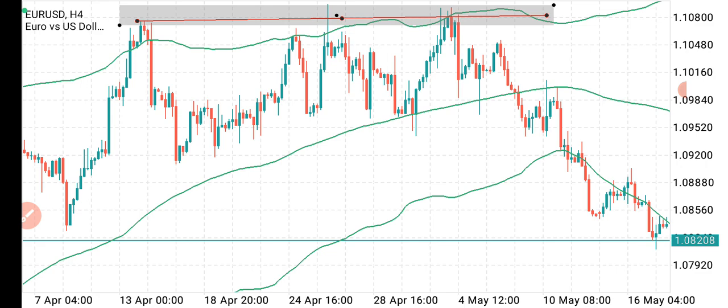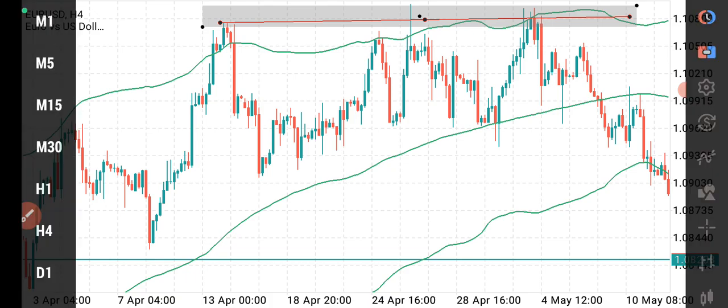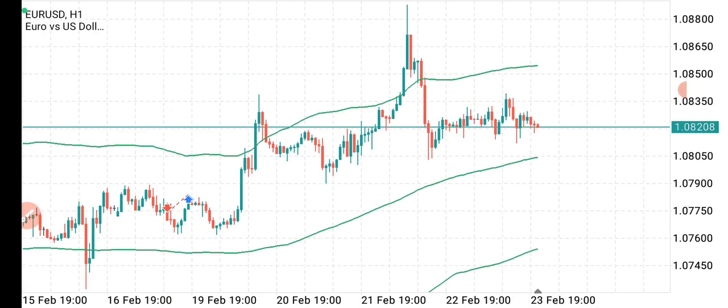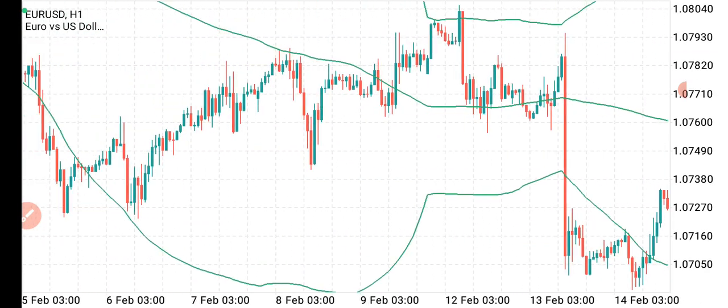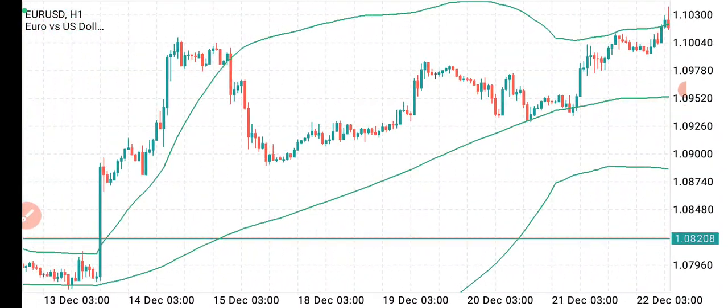I have marked it out. Having marked out this point of resistance, and it has been established, what next do I do? This is a 4-hour time frame. I will move to my 1-hour time frame. Let's look for the point that we have marked out.